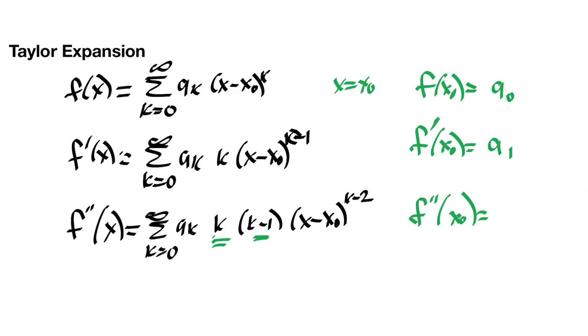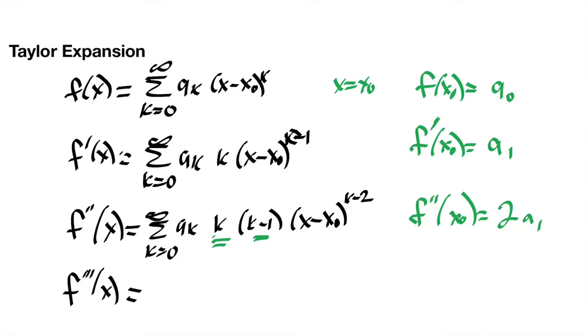So I'll get 2 times a2, 2 minus 1 times 2. Usually you rewrite that as that divided by 2 equals that a2 term, but let's stick with the 2 right there for now.